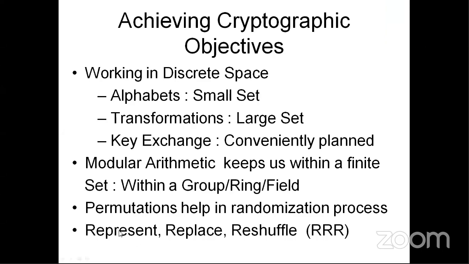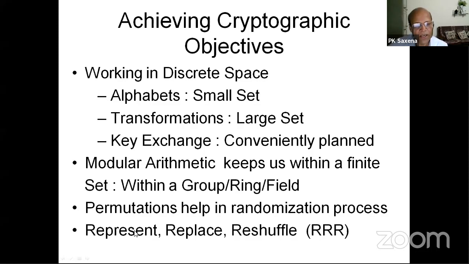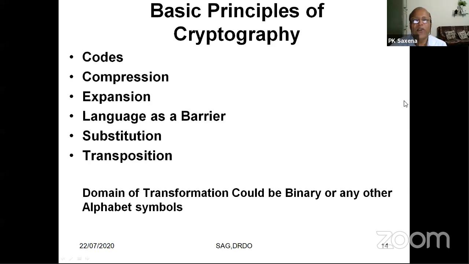So one has to represent the information in terms of symbols and do some replacement or reshuffle, which are permutations, and then some other transformations. So basically, replace and reshuffle play a significant role in encrypting the information.